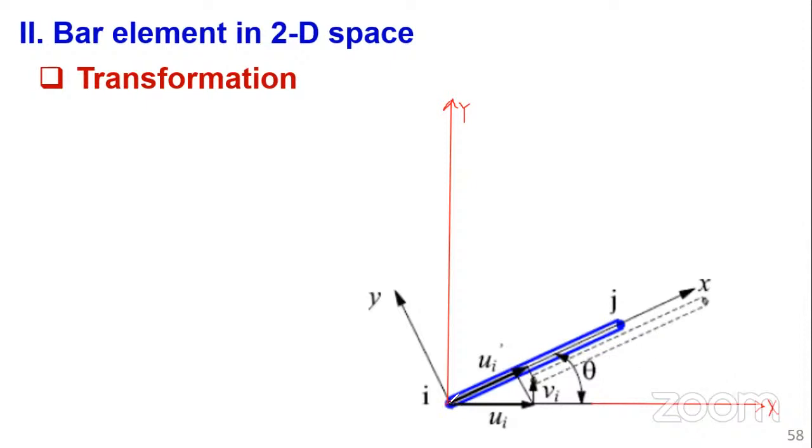So let's consider this node. We have two nodes, node I and node J. Now at node I, for the same element, you see it has its own elemental coordinate system, small x, this one, and small y. Of course, the coordinates have to be a right triangle.